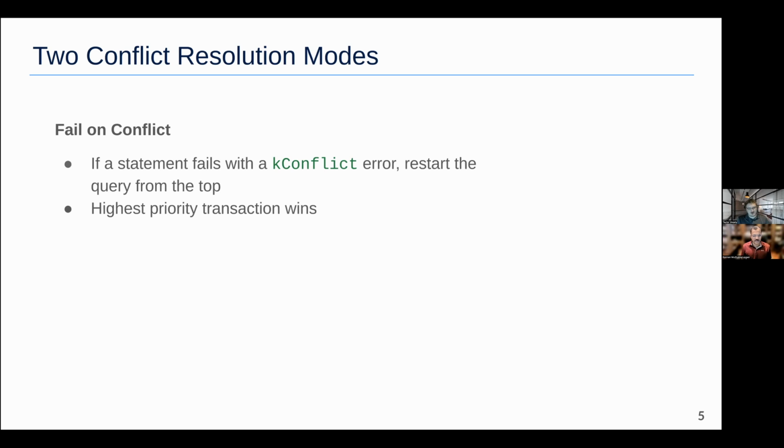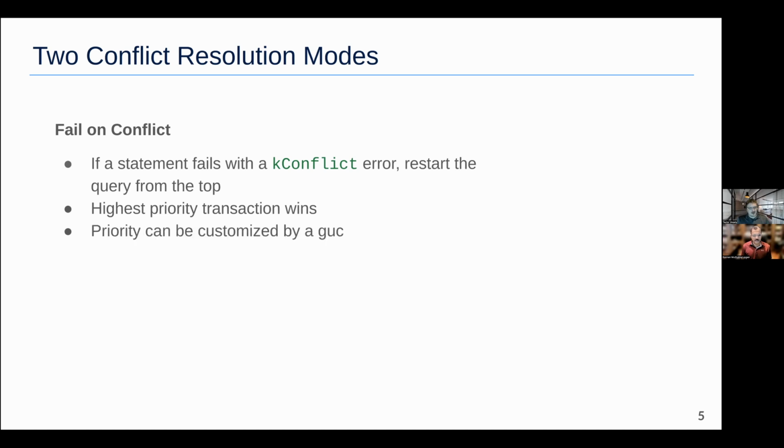Wound is if your transaction is the higher priority transaction, it will wound the existing transaction, canceling that transaction, and you can perform your write. If you are the lower priority transaction, then you die and you get your conflict sent back to the Postgres backend.